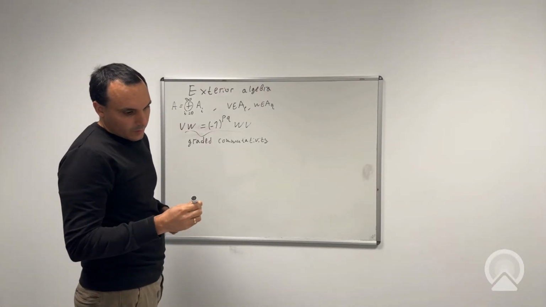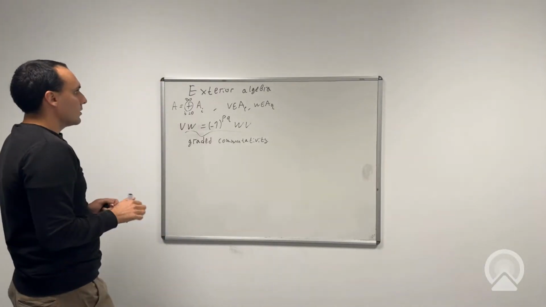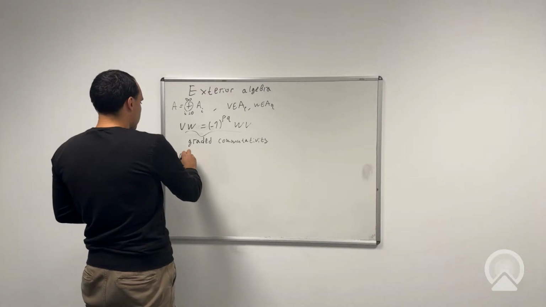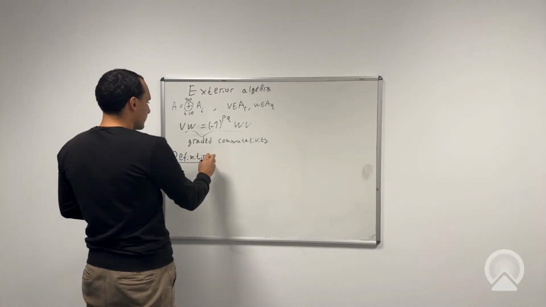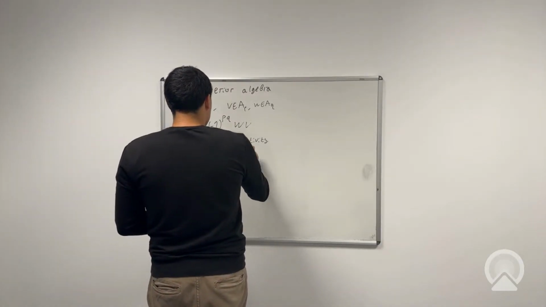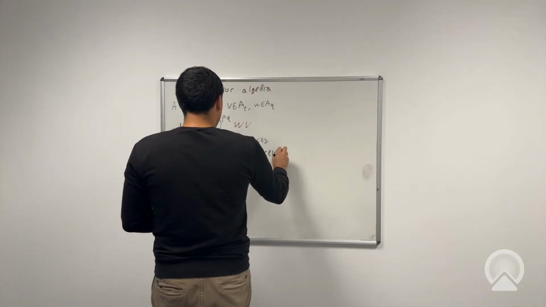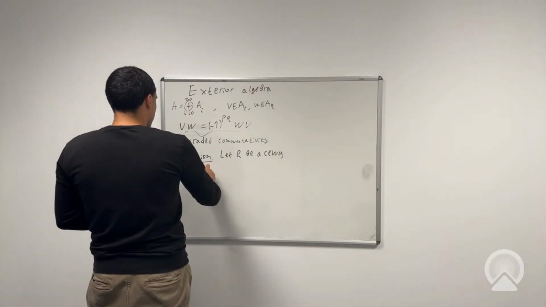Okay, and so now let's define the exterior algebra. Let R be a commutative unital ring, V be an R module.